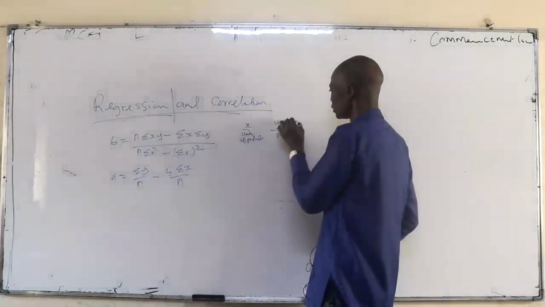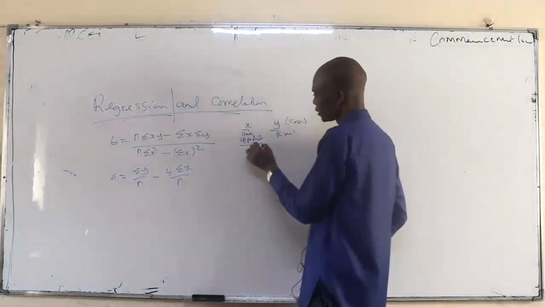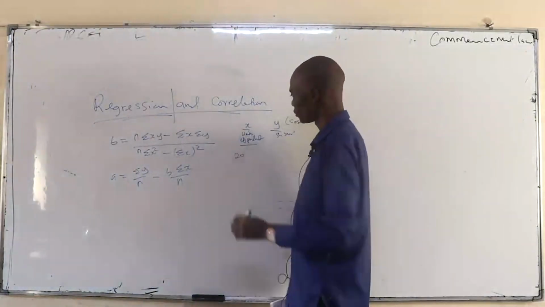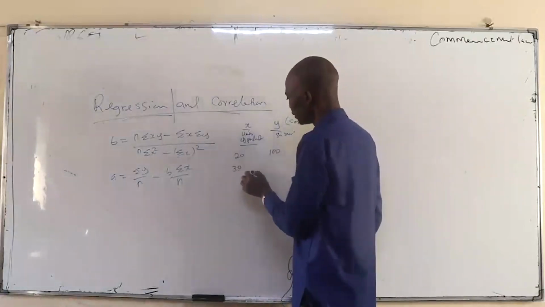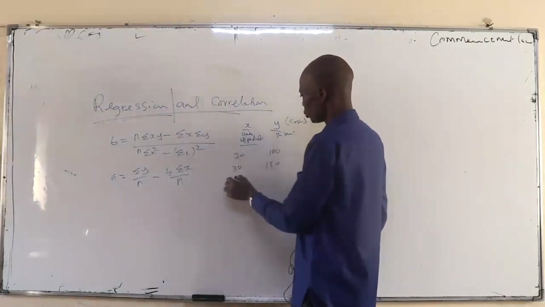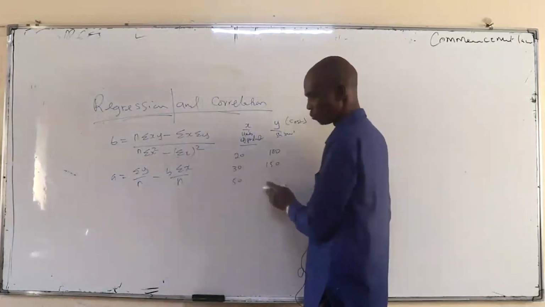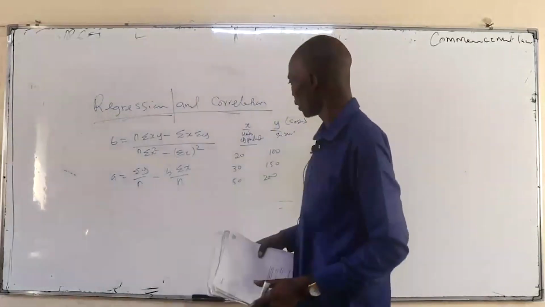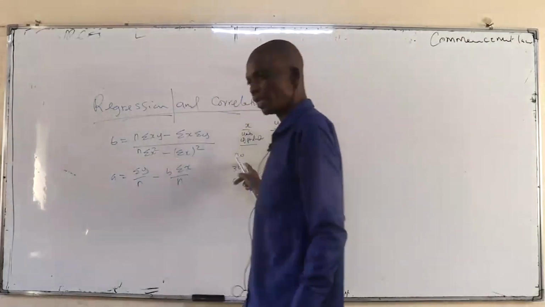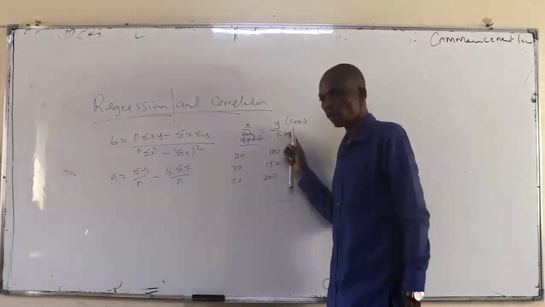Let's say at 20 units we have a cost of 100, at 30 units a cost of 150, and at 50 units a cost of 200. This x is the independent variable, and we want to establish the equation in the form y is equal to a plus bx.